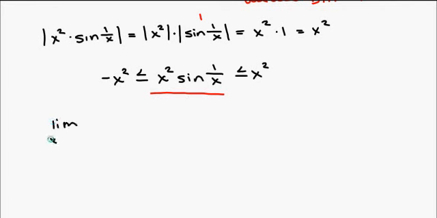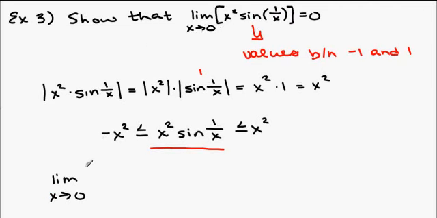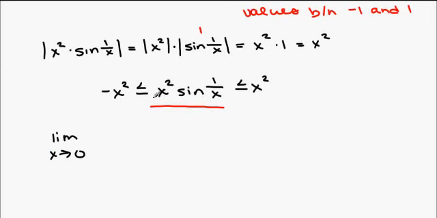The limit as x tends to 0, which is what we are trying to find, of negative x squared is equal to 0. So negative x squared is an upside down parabola.